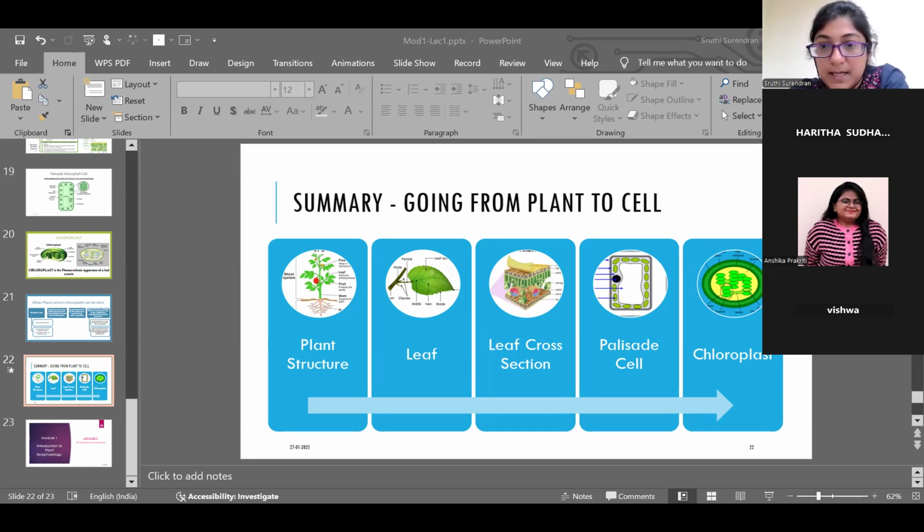Now this ATP and NADPH that is generated during the light reaction is used up by the Calvin cycle along with the carbon dioxide that is taken up by the leaves to produce the sugar, along with two substances called NADP plus and ADP. So if you see here, the water and the light is used in the light reaction to generate two substances called ATP and NADPH, as well as oxygen.